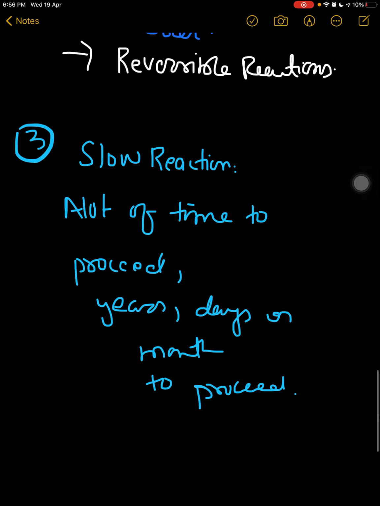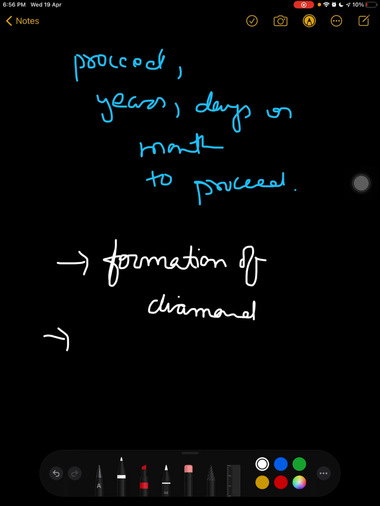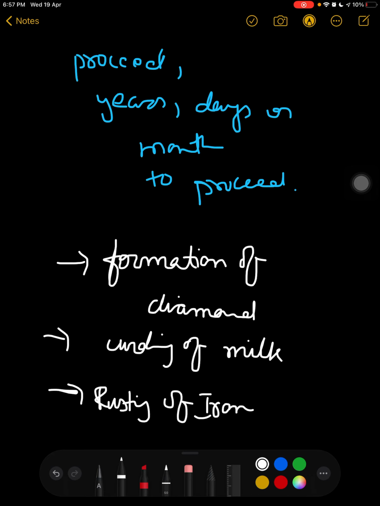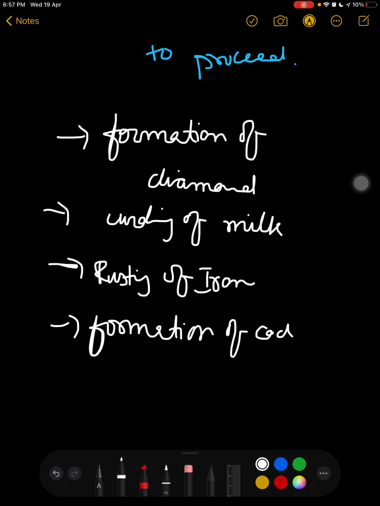For example, we have formation of diamond, curding of milk, rusting of iron, and formation of coal, right?